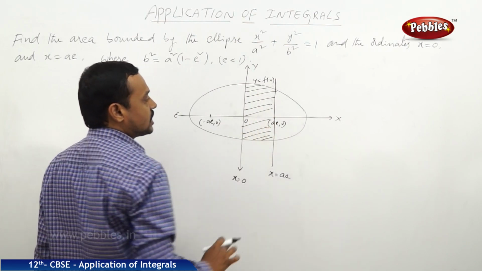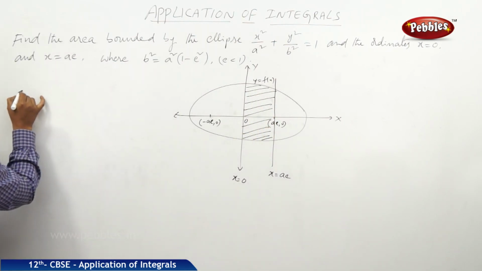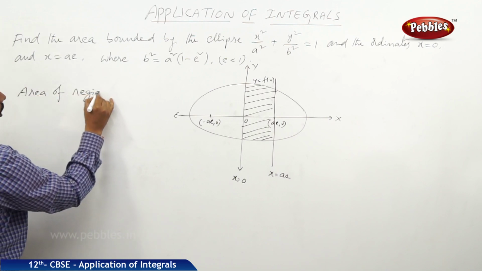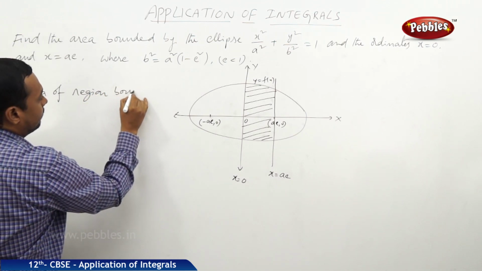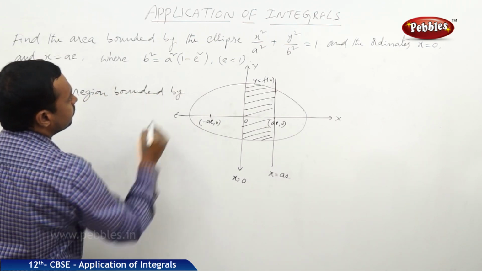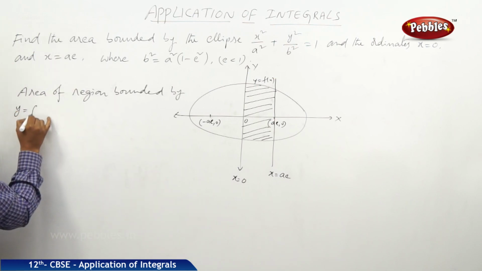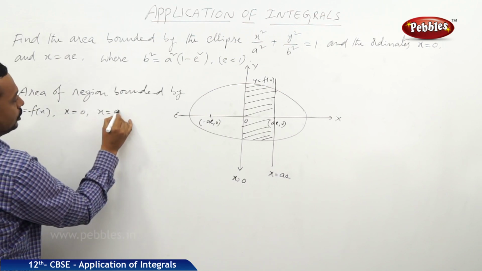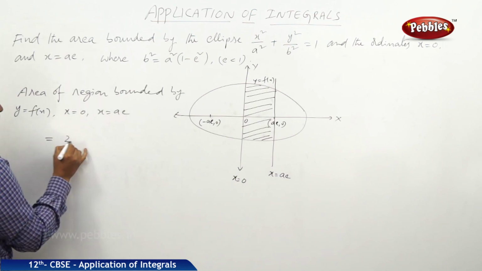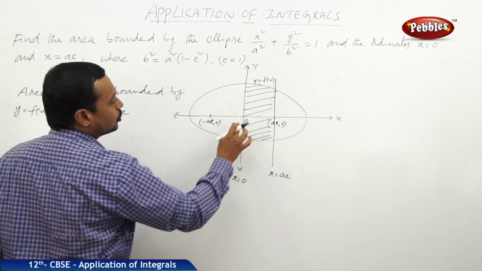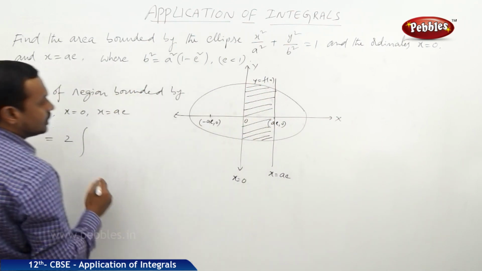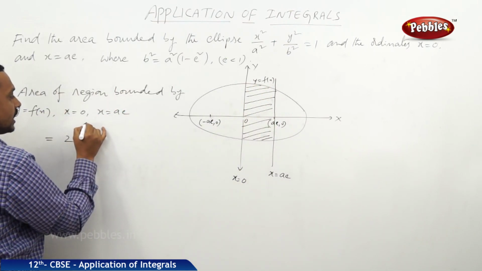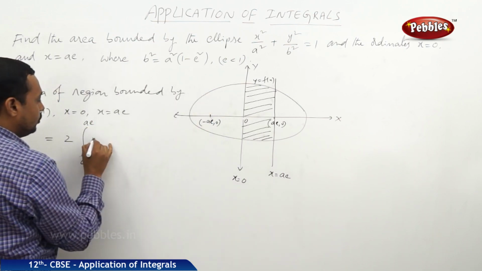Therefore, the area of the region bounded by the curve y = f(x) and the ordinates x = 0 and x = ae is equal to 2 times this portion. That is, the integral from x = 0 to x = ae of y dx.